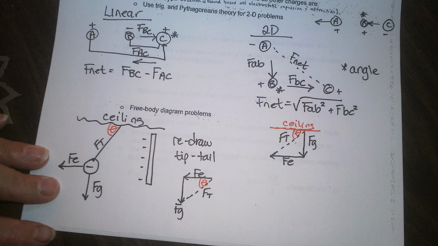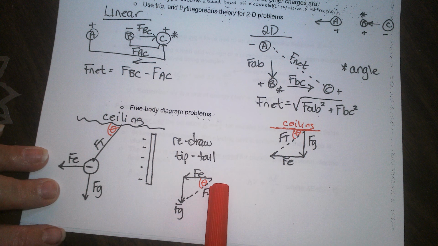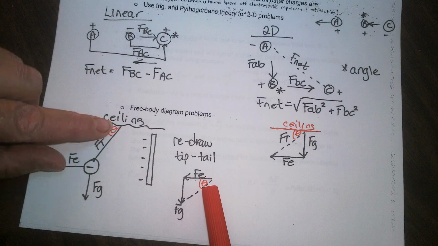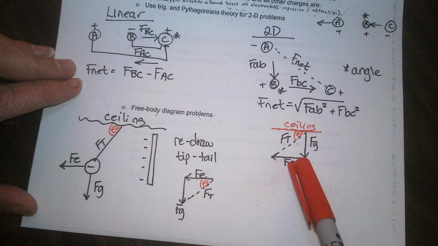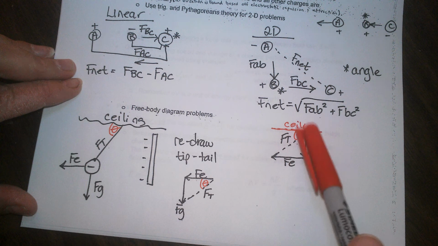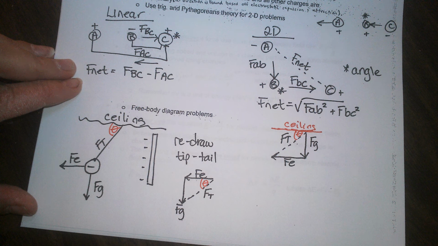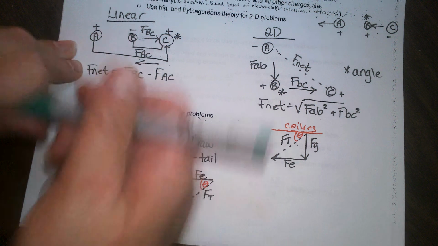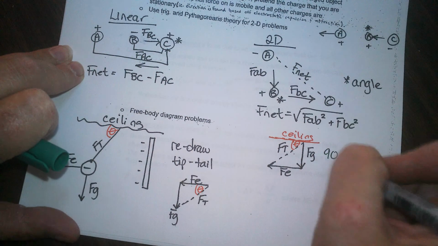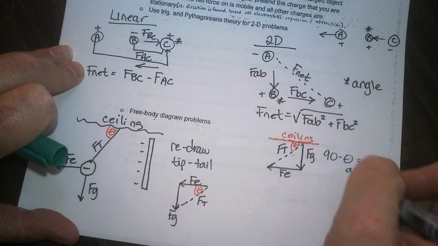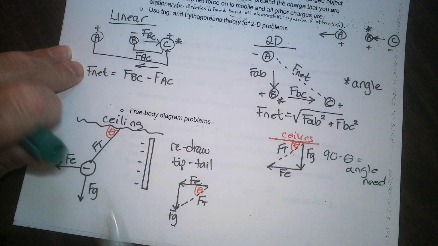Does that make sense? No? So here, if I draw my force electric first, and then my force gravity, this angle goes here, but if I draw my force gravity first and then my force electric, I need to remember that that angle is still outside of my triangle. But then you could figure it out, right? Because you would go 90 minus theta equals your angle that you need. Okay?